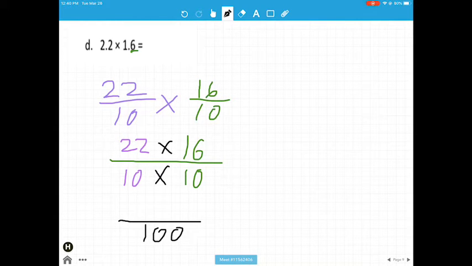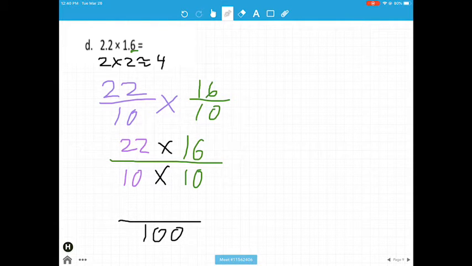If I did an estimation, I would do 2 times 2. Our estimation would be 4, so our answer would be about 4. That could be a little higher, it could be a little lower, but it's not going to be 43 or 46 hundredths. It's going to be close to 4 wholes.